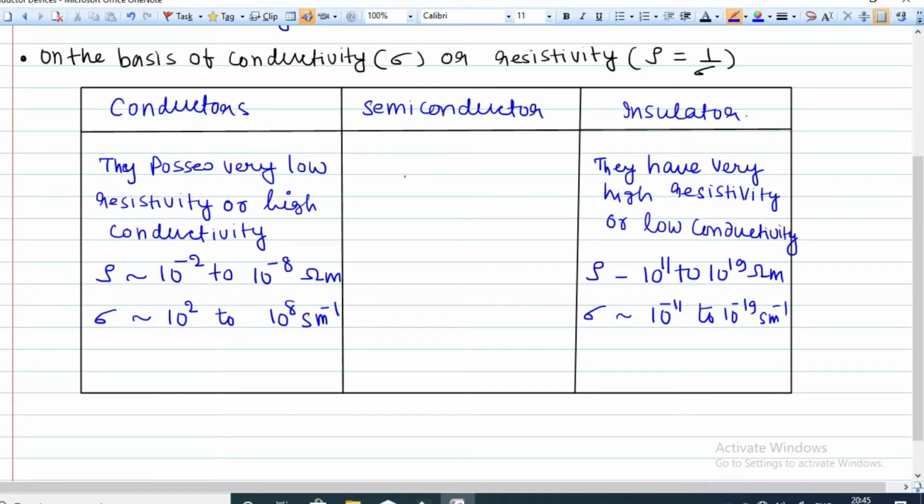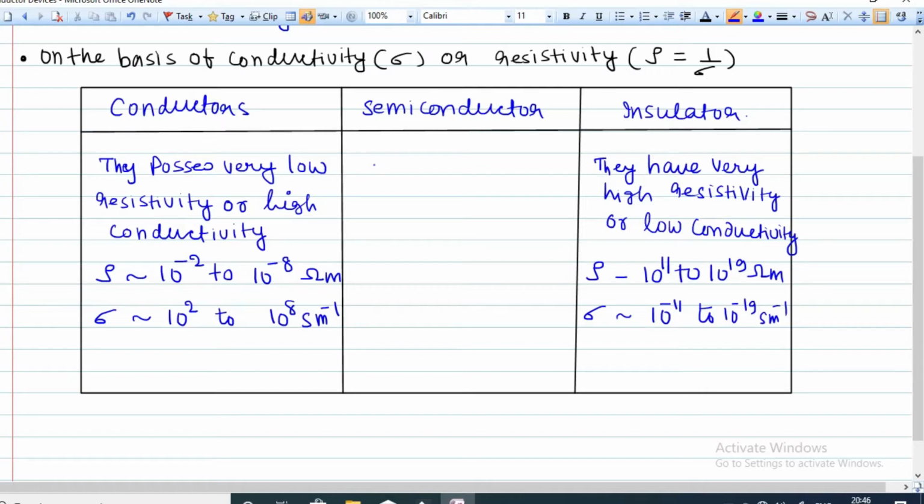Coming to the semiconductors. The value of resistivity as well as conductivity for semiconductors lies between the values of conductors and insulators. Basically, semiconductors have properties intermediate to the properties of conductors and insulators.